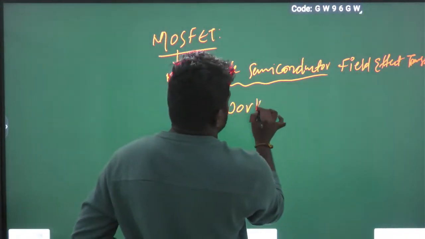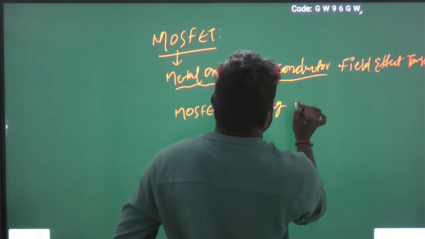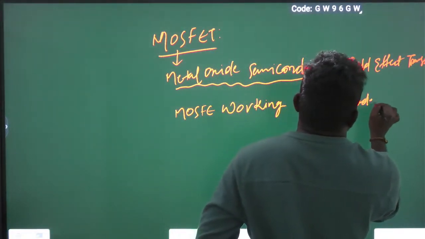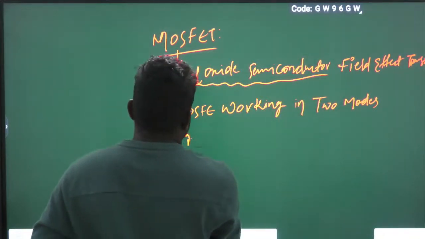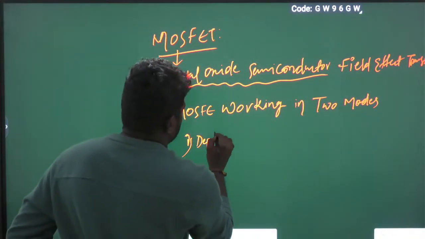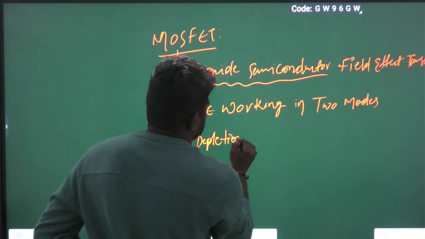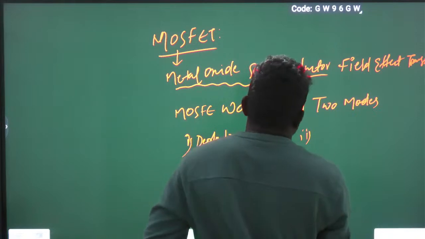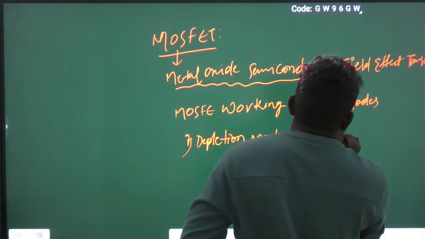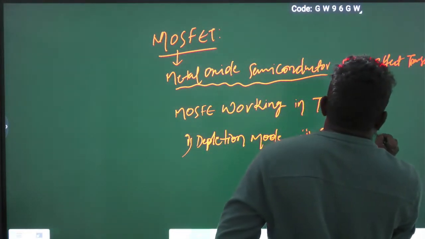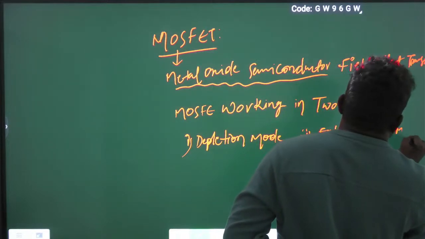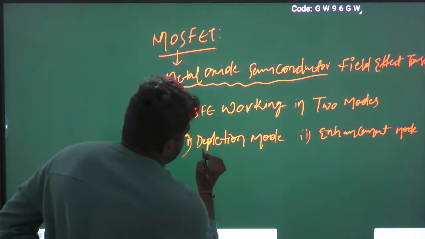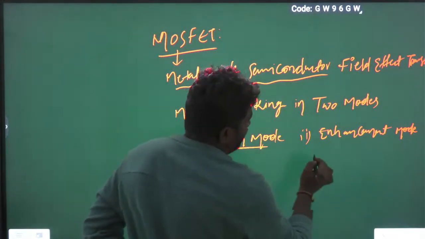works in two modes. One is depletion mode, second one is enhancement mode. So, what is the difference between depletion mode and enhancement mode?